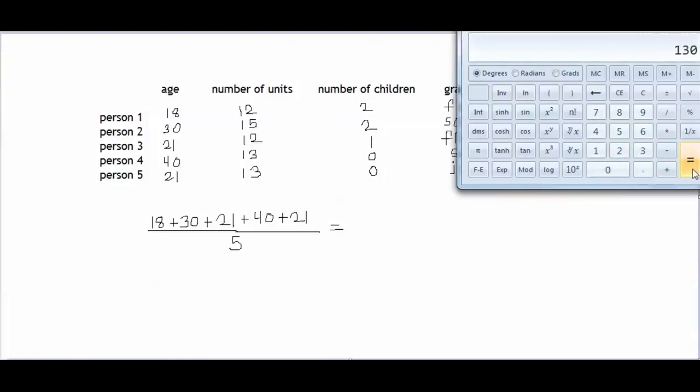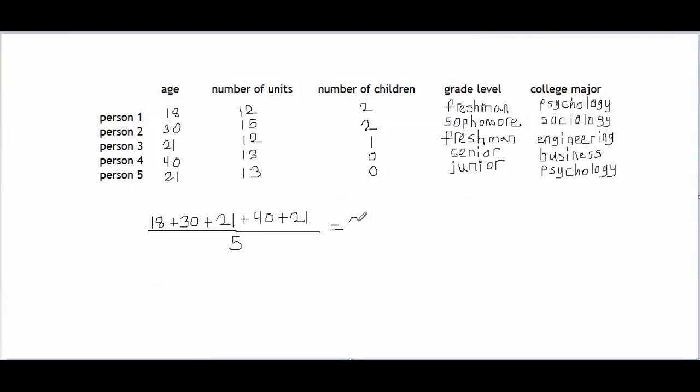The total is 130, and we divide by 5 to get 26. The mean age in this data set is 26.